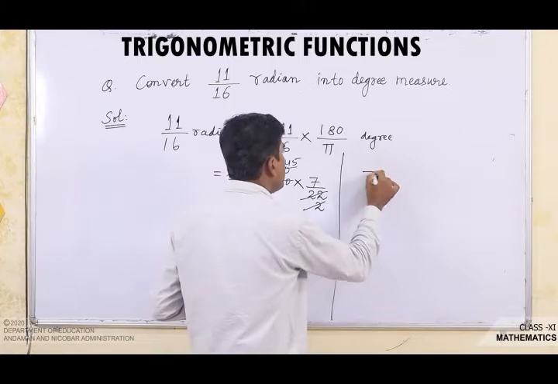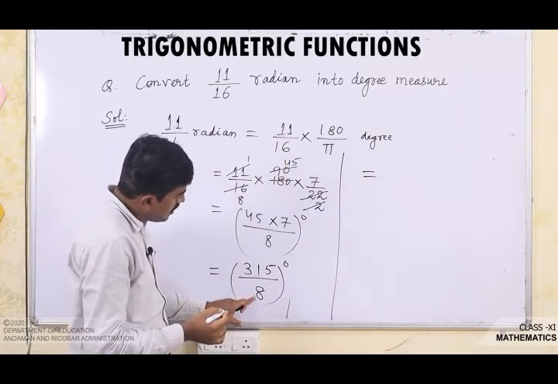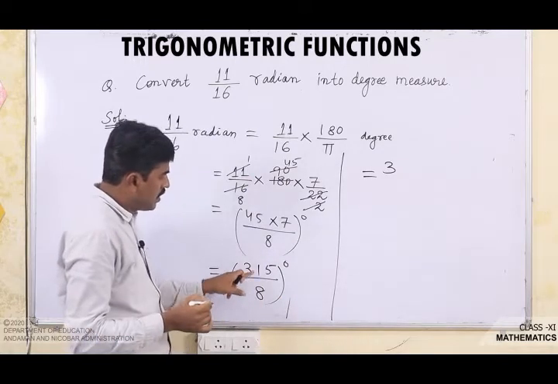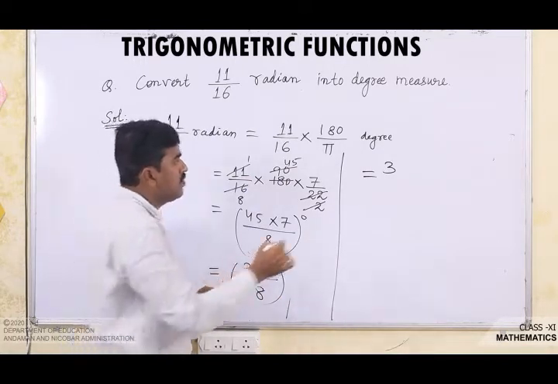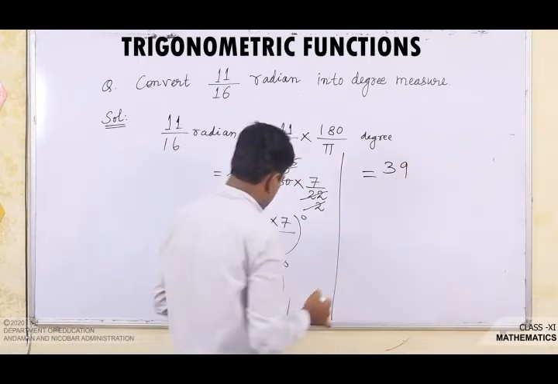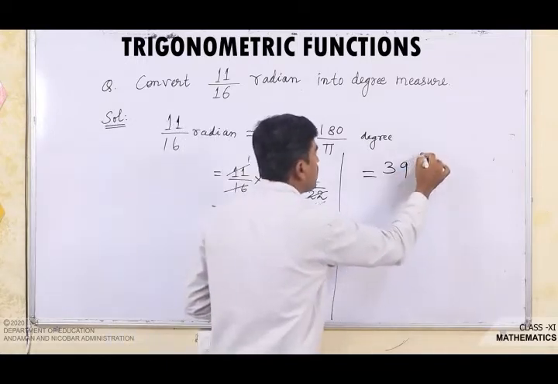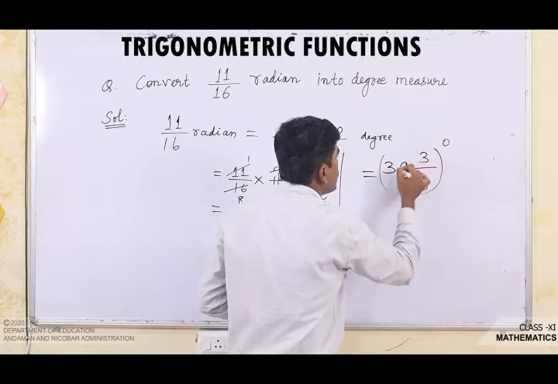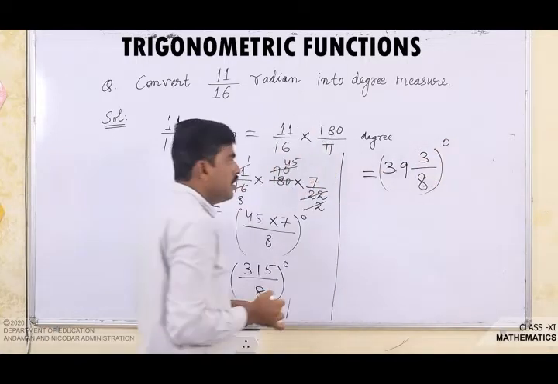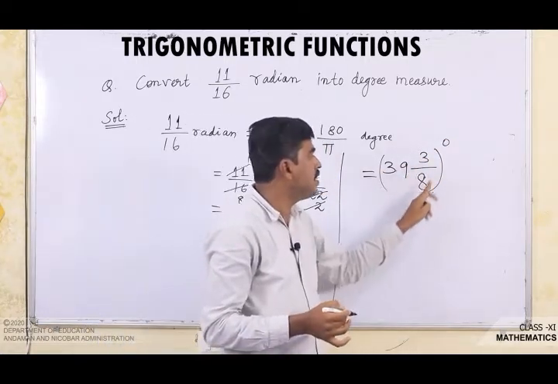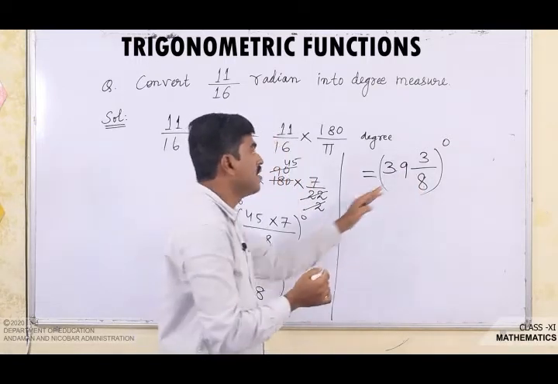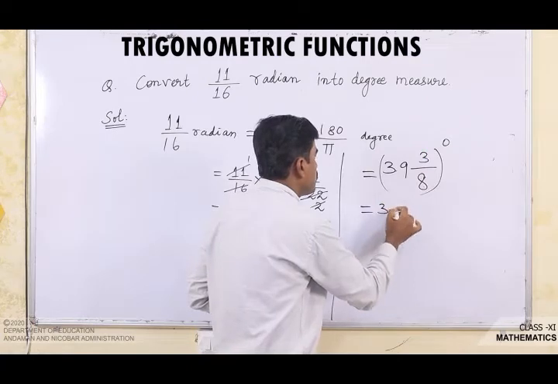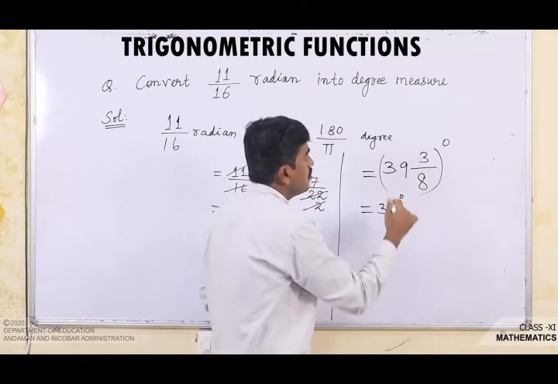So it will be equals to 8 3s are 24 and 7 is remaining there, 75, 8 9s are 72 and the remainder is 3. So how to write it in mixed fraction, that you know, quotient remainder by divisor. Now it is 39 3 by 8 degree. Now 3 by 8 degree is less than 1 degree. So we have to convert it into minute.